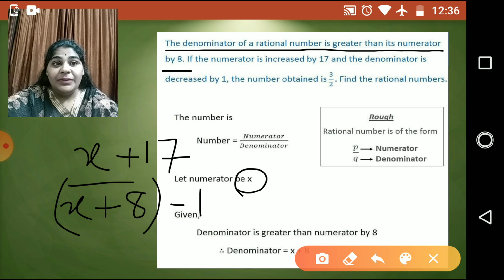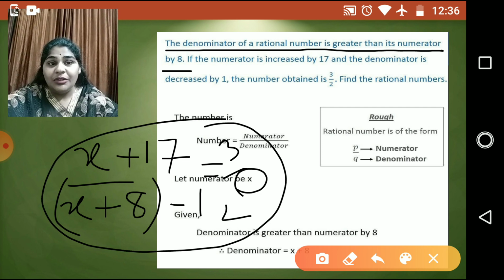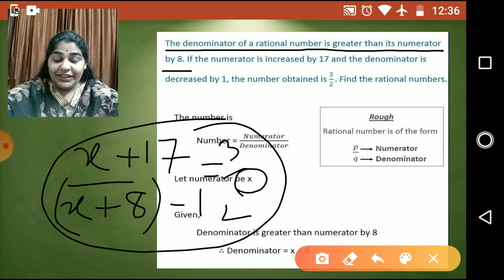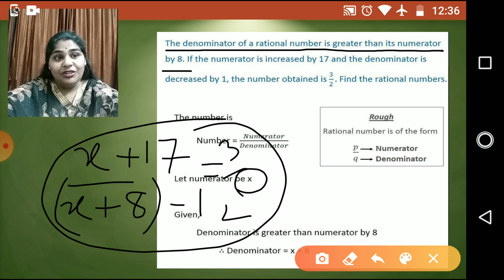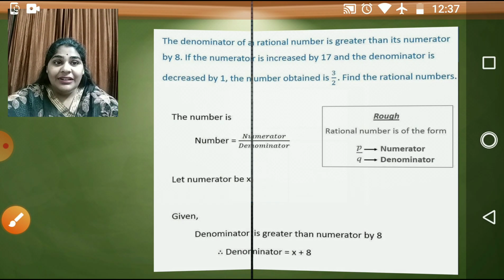The number obtained is 3 upon 2. So this is our equation, children, that is x plus 17 whole divided by x plus 8 minus 1 is equal to 3 upon 2. And then you have to find the rational number, that is the numerator and the denominator. So once we got the equation, let us solve it.